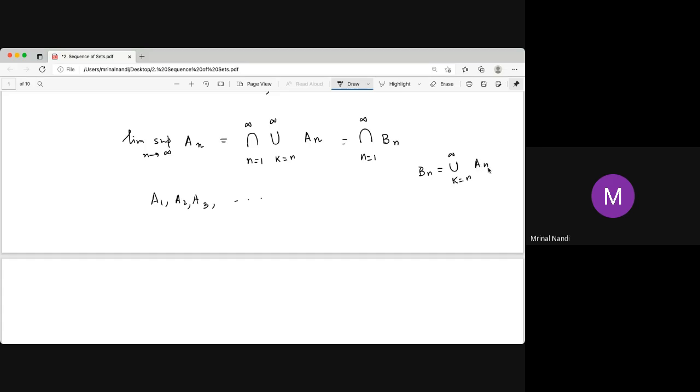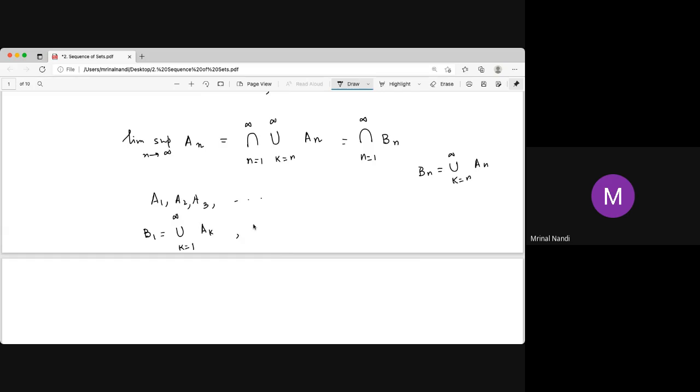Write this as Bn, so Bn is the union over k equal to n to infinity of Ak. Now what is B1? B1 is the union over all these sets, k equal to 1 to infinity.